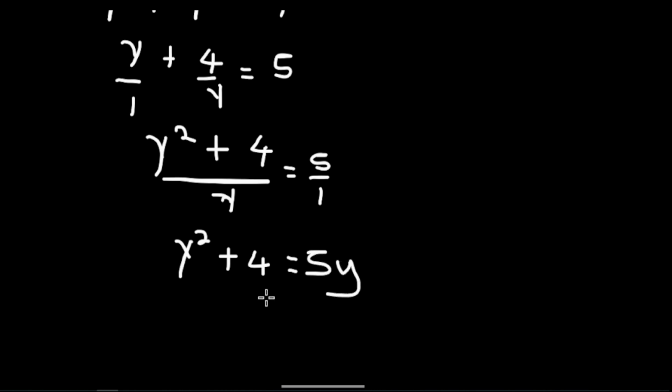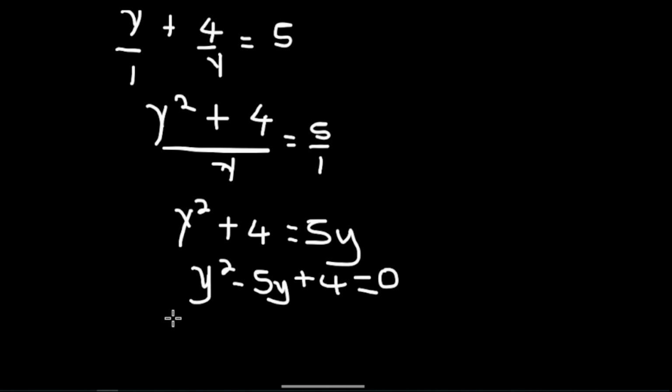Notice now we've got a quadratic, so this will become y squared minus 5y plus 4. As we reach this point, we have to look for numbers such that when we multiply, they give us positive 4, and when we add, we get negative 5. That's going to be negative 1 and negative 4.